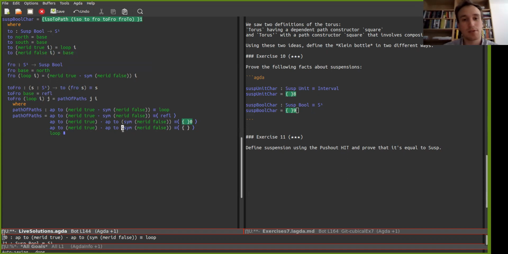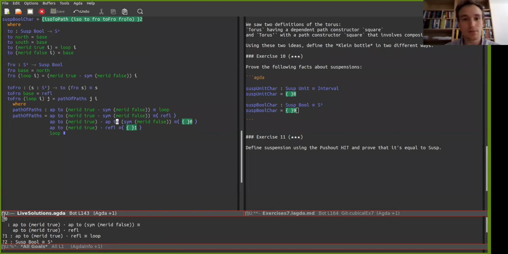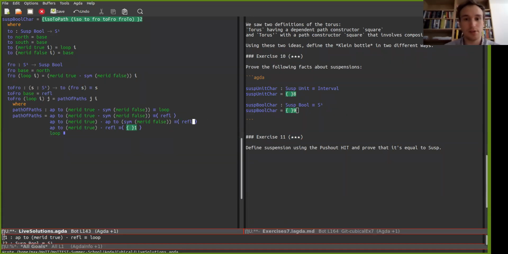So app of 2 to this guy will just be lambda I mapped to 2 of mirrored false of tilde I, which will just be base. So this actually is just REFL. And this also just holds by REFL.